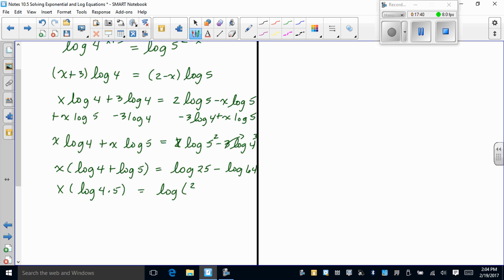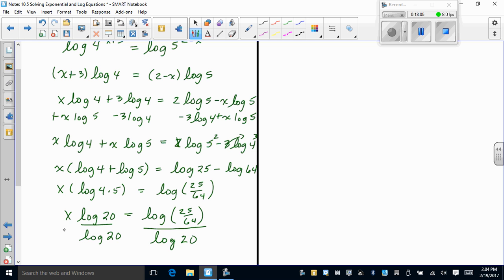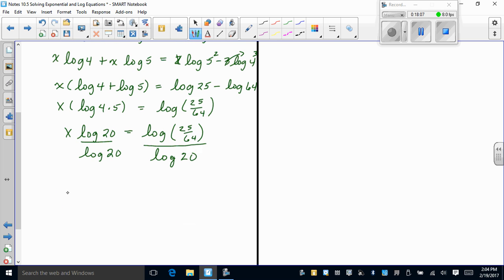So x log of 20 equals log of 25 over 64. And divide both sides by log of 20. So we get a value of x equals log of 25 over 64 divided by log of 20.